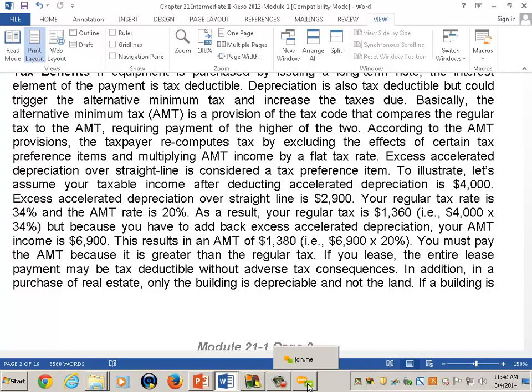If the asset becomes obsolete, it's got to be returned to the lessor, right? So that risk of loss is typically viewed as being absorbed by the lessor.